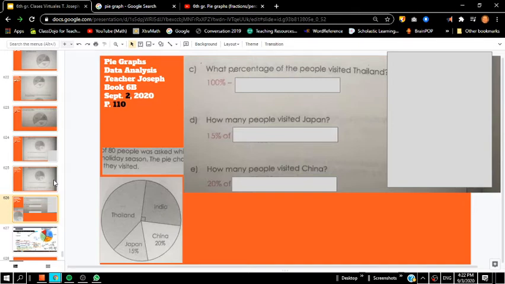Well, we already know that 15% of people visited Japan. So in order to find the quantity, we have to relate 15% with 80 people. How would we do that? Would we multiply 15% times 80? Would we divide? What do you think? And letter E, how many people visited China? It's the same concept, 20%, relating that to 80. So what would you do? Pause the video and see if you can figure out the answers.